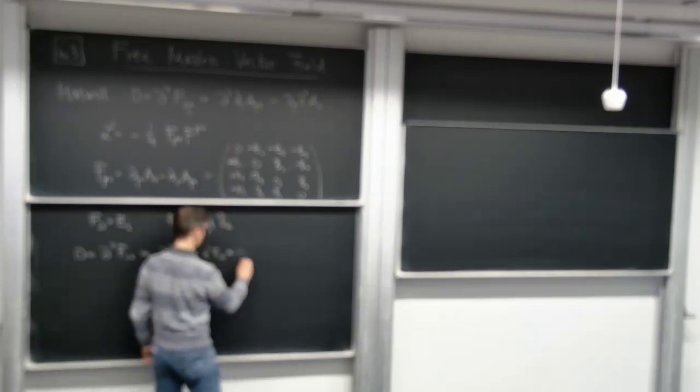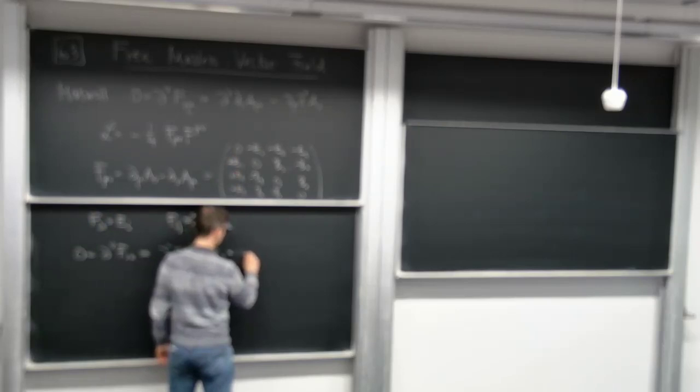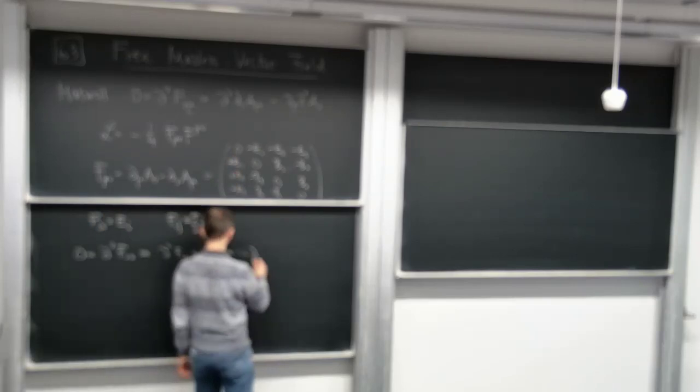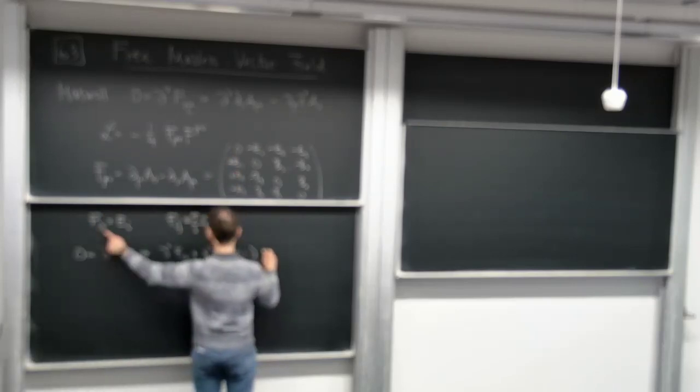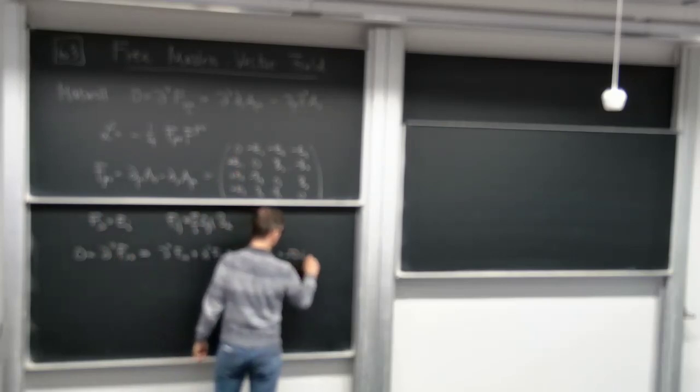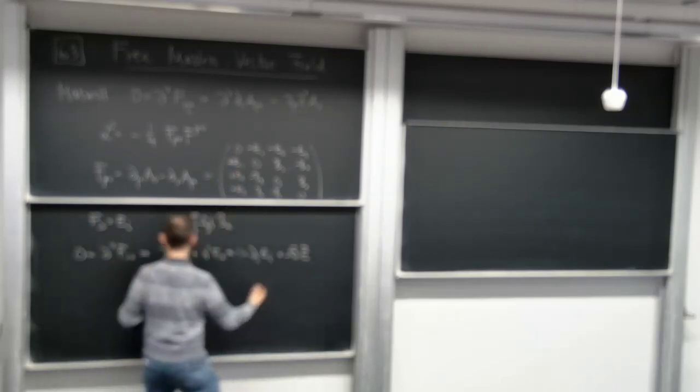And basically it's down with a minus sign, and this was the i, so this is the divergence of my field, and that's 0.